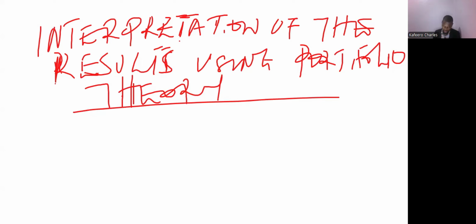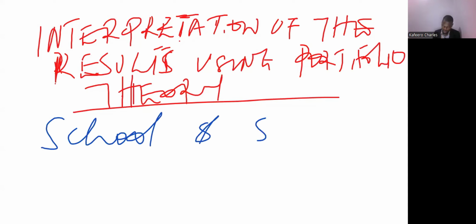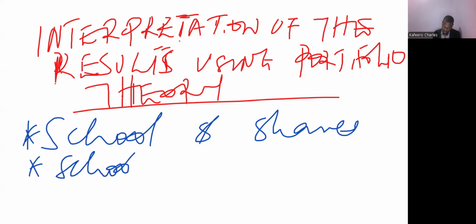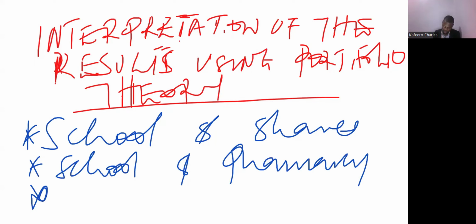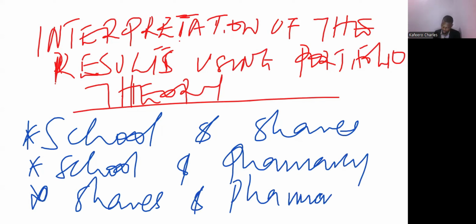We had formed our portfolios: a school and shares, a school and a pharmacy, and shares and a pharmacy. Just assume that these are the three investment ideas that we have. But just know, as an investor, you need to select one portfolio of the three.